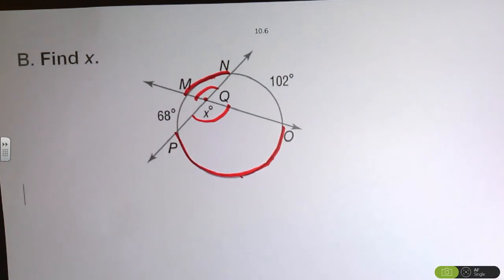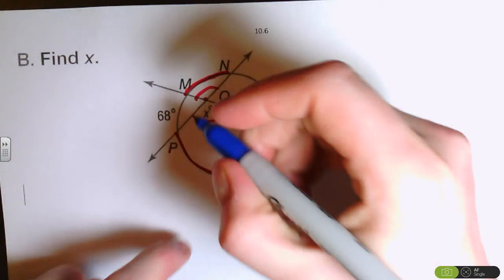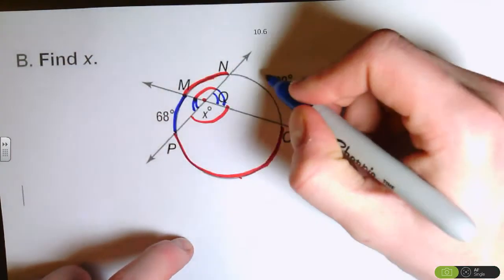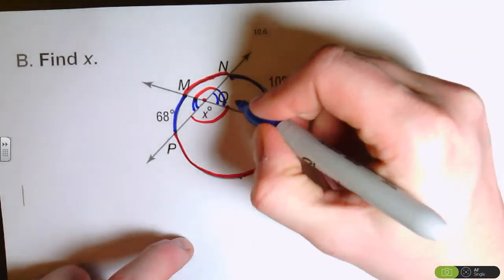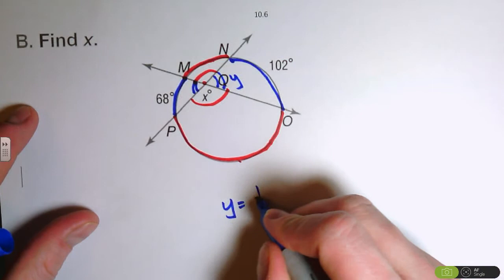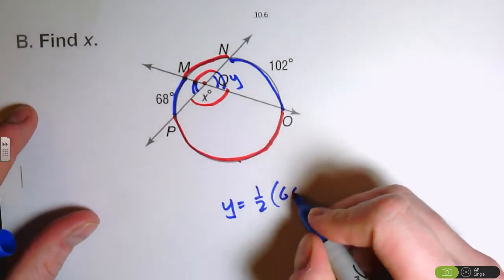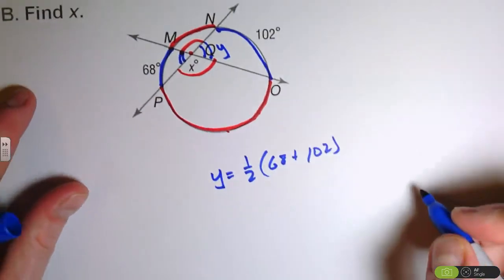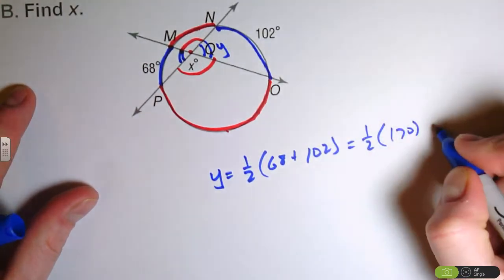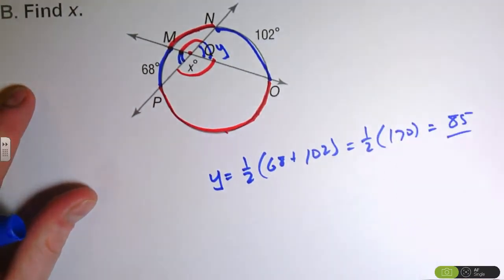So what I'm going to have to do instead is actually solve for this angle and use these 2 arcs. So I'm going to call this y. Okay. So y equals 1/2 of 68 plus 102. 1/2 of 170, which is 85.